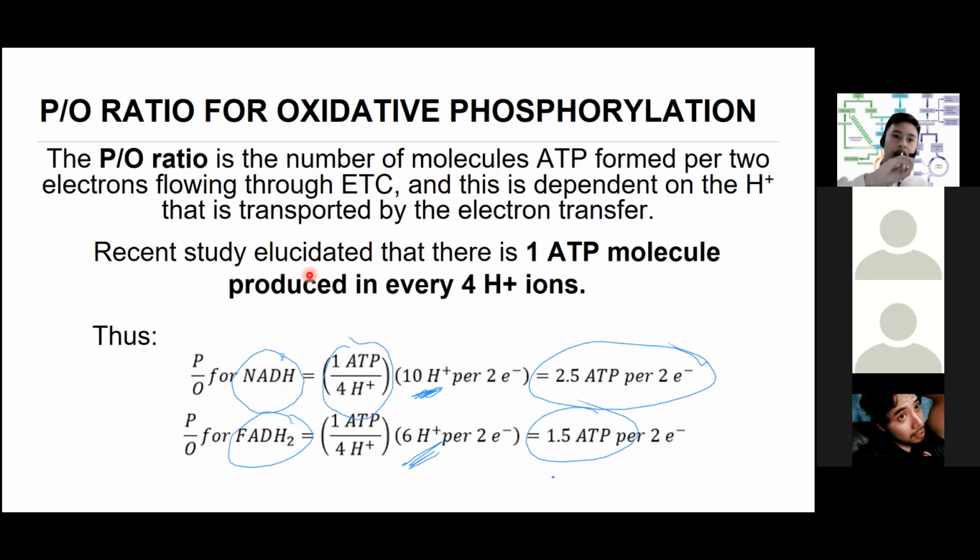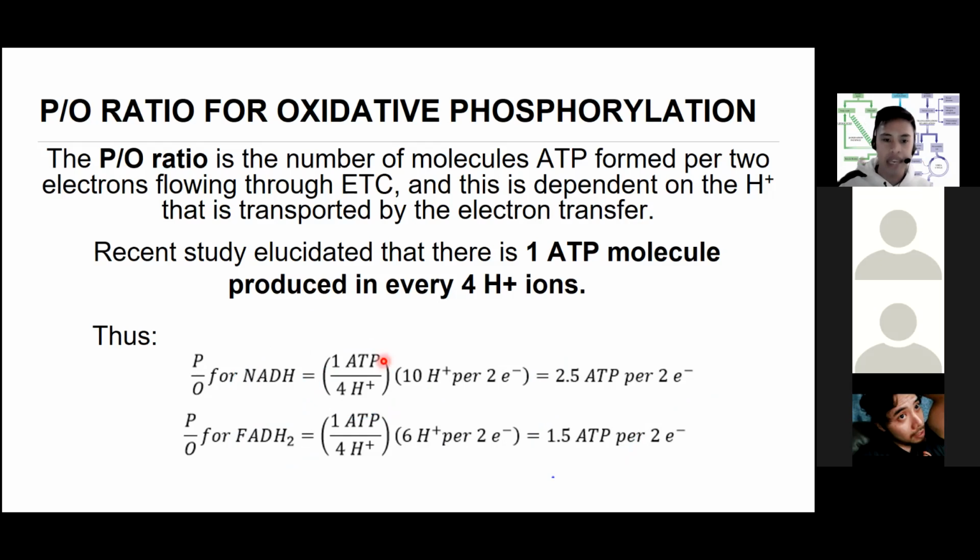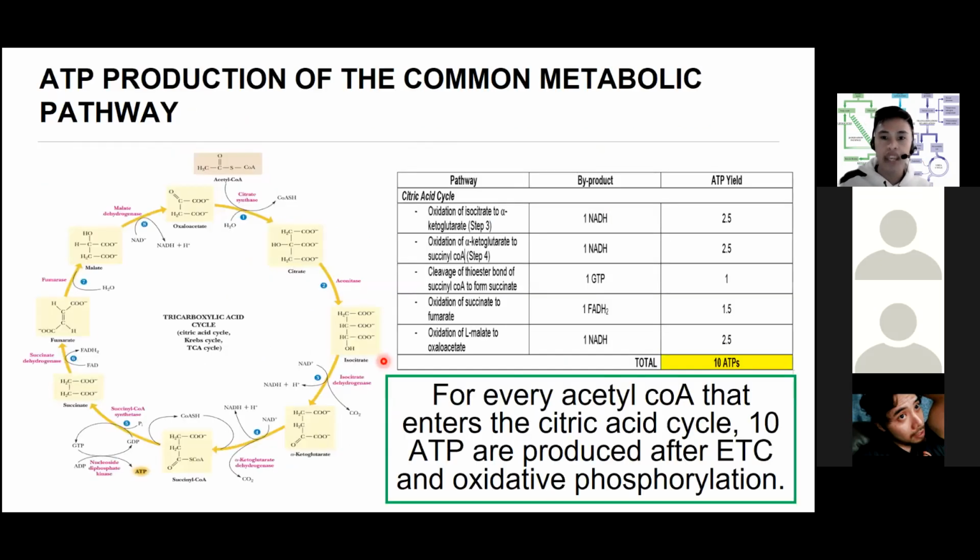So meaning to say, for every NADH that enters the ETC, the ATP equivalent is 2.5. For every FADH2 that enters the ETC, it is able to produce 1.5 ATP. So we can now calculate the amount of ATP produced starting from the Krebs cycle down to the electron transport chain.